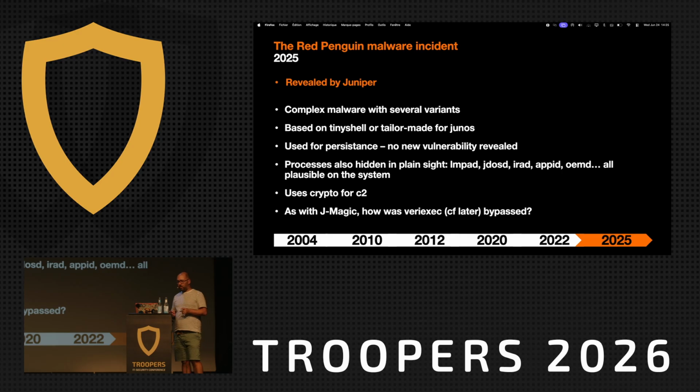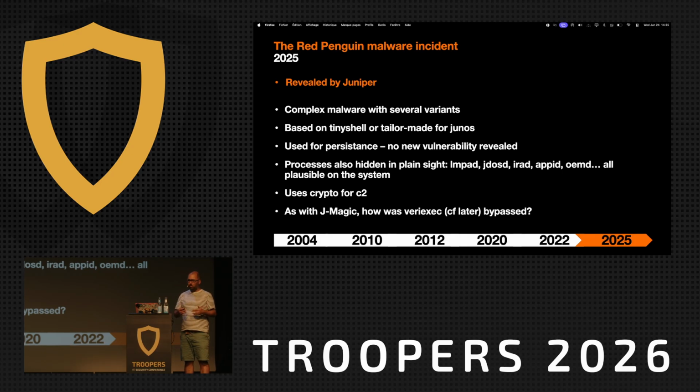And last but not least, we have the Red Penguin malware incident. This one was revealed by Juniper. Like GMagic, we do not know much about the targeted customers. We just know that they found several strains of malware, some highly custom, some others based on Tiny SHell that was adapted to run on FreeBSD.